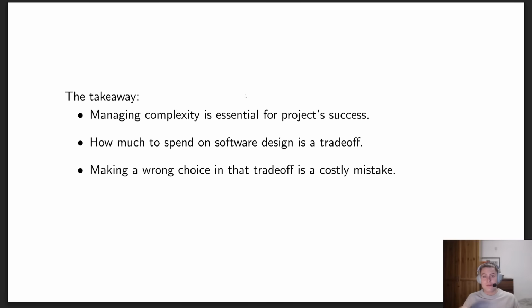So the takeaway from today's video is, first, managing complexity is essential for project success, where success is defined as reaching the goal at minimal or close to minimal cost. Then, how much to spend on software design is a trade-off, and making a wrong choice in that trade-off is a costly mistake.